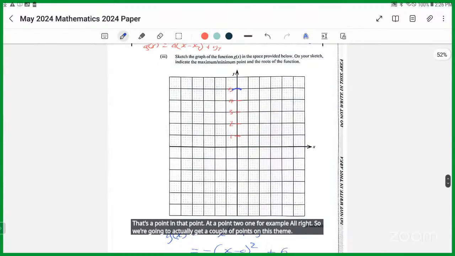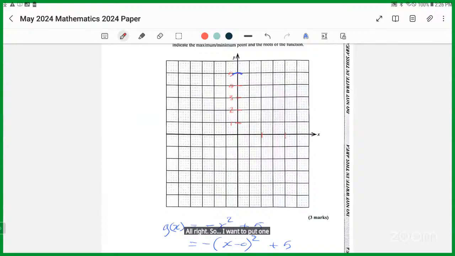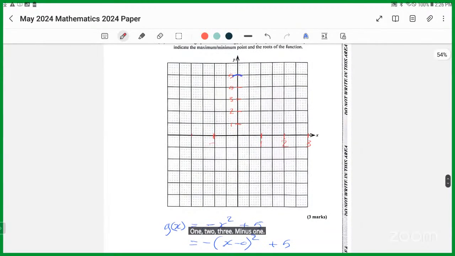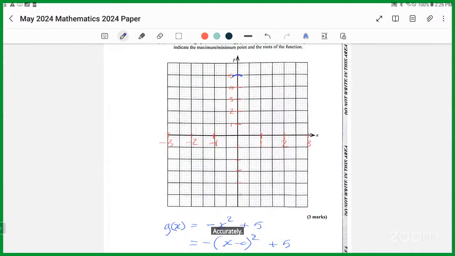All right, so we're going to put 1, 2, 3, and minus 1, minus 2, minus 3. I'm making the x-axis a little wider. And this is minus 1, minus 2, minus 3, minus 4. I'm going to draw the graph accurately.